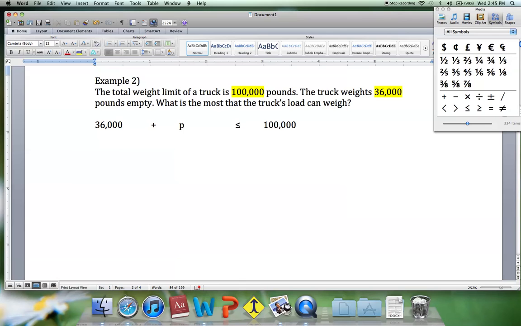So our inequality states 36,000 plus P is less than or equal to 100,000. Now we use our inverse operations and we subtract 36,000 from both sides, and P is less than or equal to 64,000 pounds.